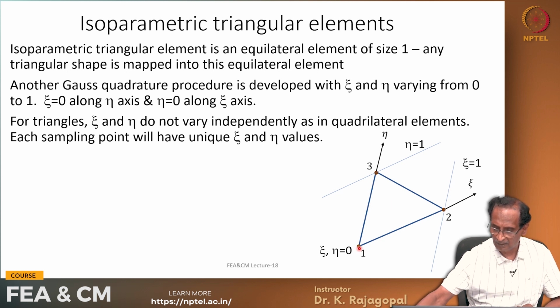We can define xi along the surface 1 2 and eta along this line 1 3, and let us say that xi and eta are 0 at node 1, xi is 1 here and eta is 1 there. Okay. Xi is 0 along this line and 1 along this line, parallel to this surface, and eta is 0 along this line and 1 along this line, and in between it varies from 0 to 1. Okay.